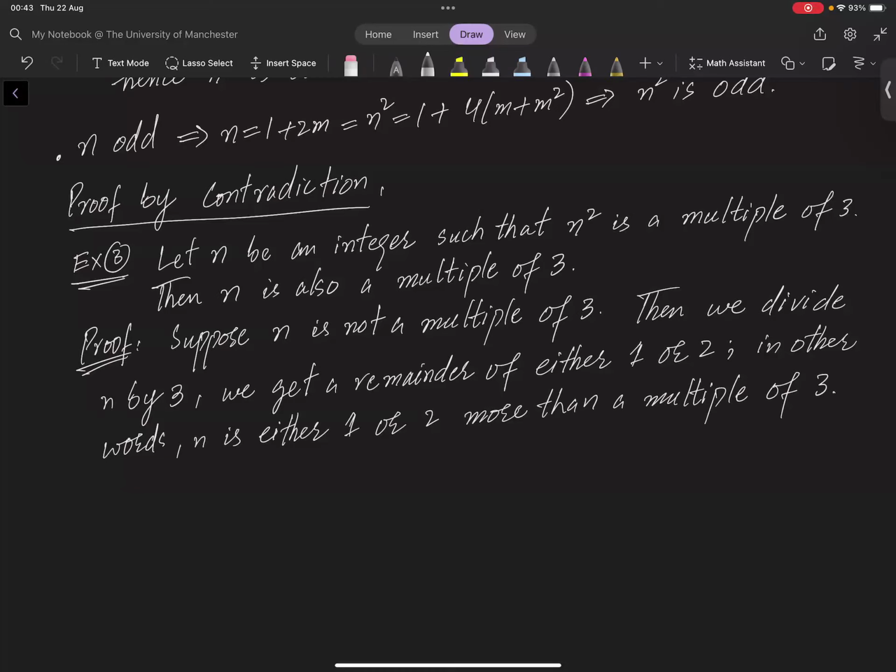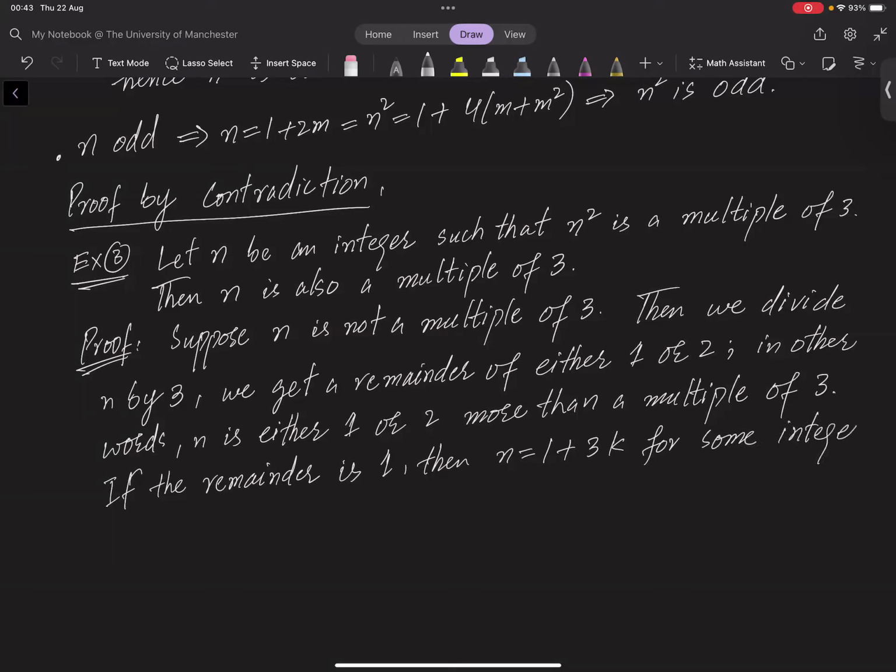If the remainder is 1, then n is 1 plus 3k for some integer k.